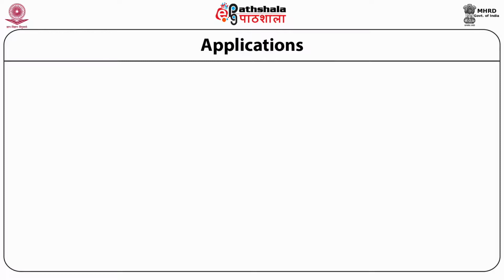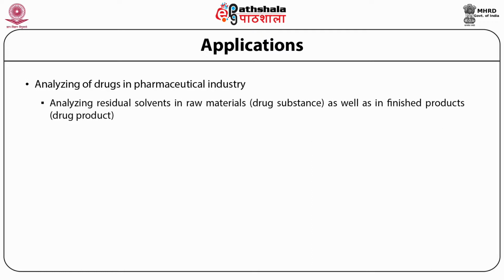It is an instrumental technique for analyzing drugs being manufactured in the pharmaceutical industry. Gas chromatography plays an important role by analyzing residual solvents in raw material as well as in finished products. It is also used for quantitative and qualitative estimation of solids, liquids and gaseous organic compounds in the pharma preparations.